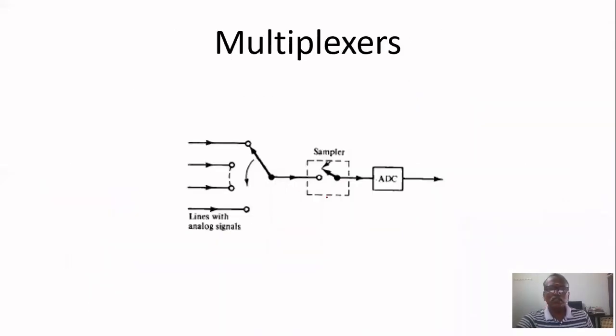Then the multiplexer. Suppose the ADC will convert its signal in 30 milliseconds, let us assume. If each process needs a sampling period of 1 second, then all can be converted using a single ADC.